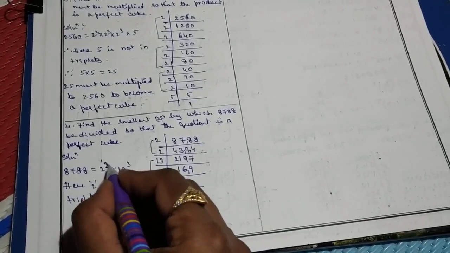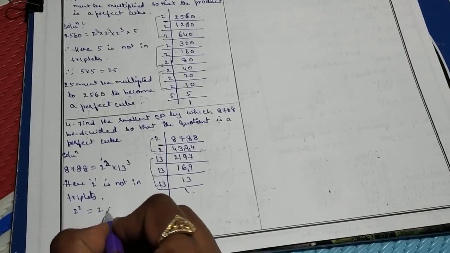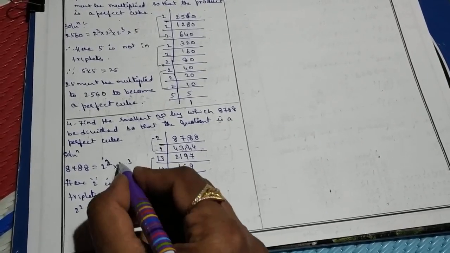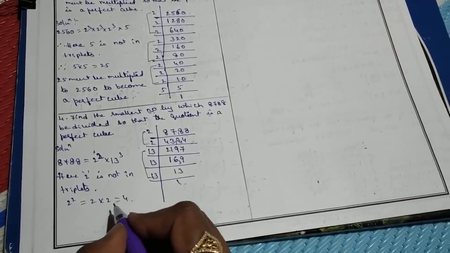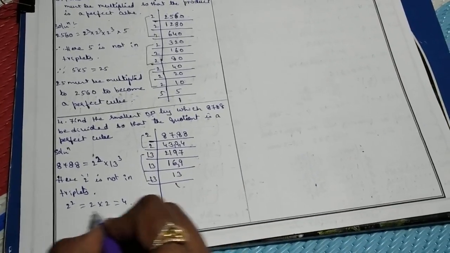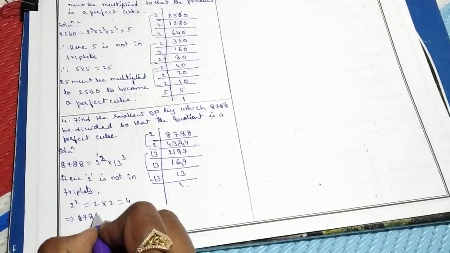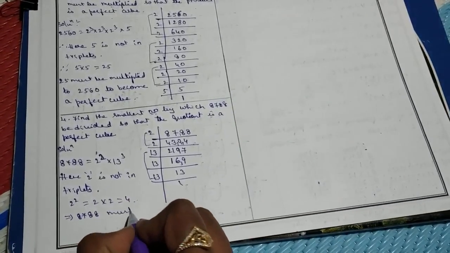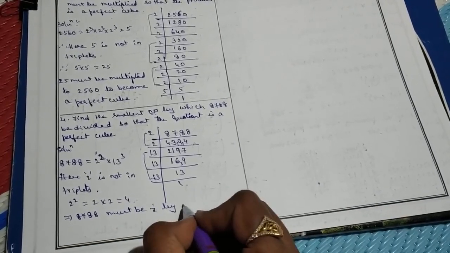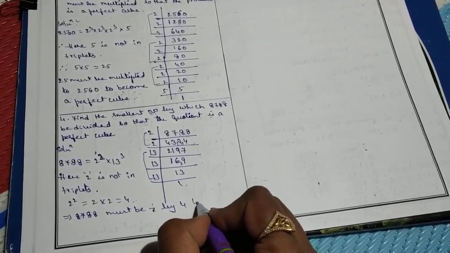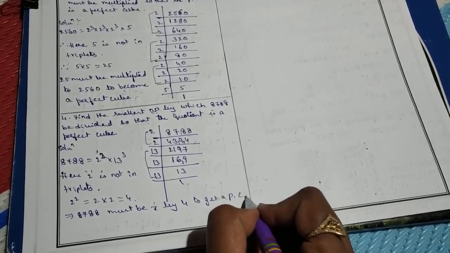So both the 2s should vanish, meaning 2 square, which is nothing but 2 into 2 equals 4. This 2 power 2 should vanish so that it becomes a perfect cube, which equals 4, which implies 8788 must be divided by 4 to get a perfect cube.